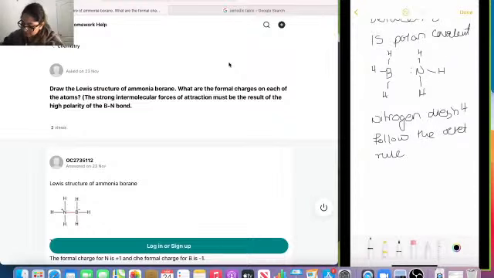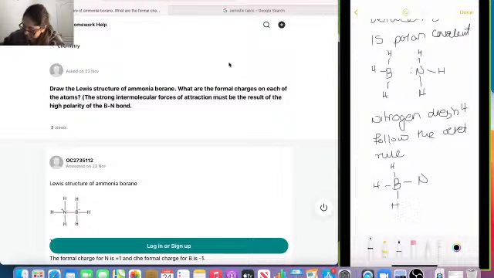And so to find the formal charge, the easiest way we can do it is to say that since boron cannot make another bond, but it has to, it's going to share the electrons here, so it's basically gaining electrons, right? Whereas nitrogen is basically donating them to boron, and so boron has to make another bond with nitrogen, so it basically has 4 bonds, sharing 2 electrons here, so it gains a negative charge, right?